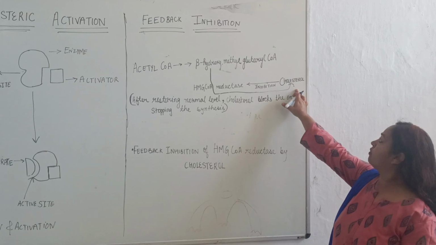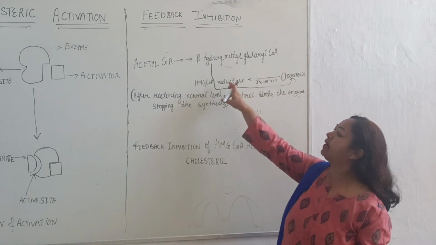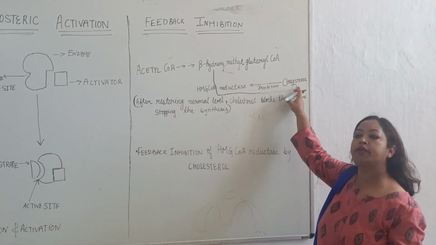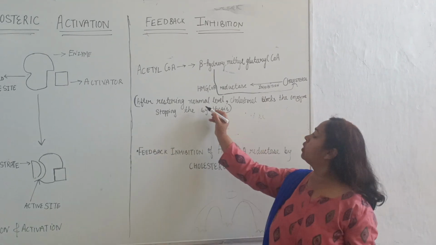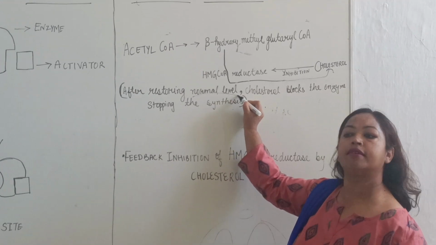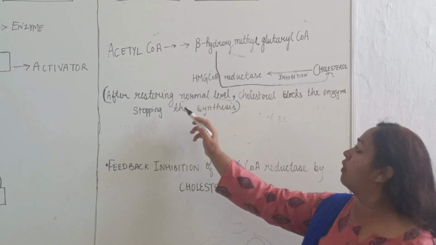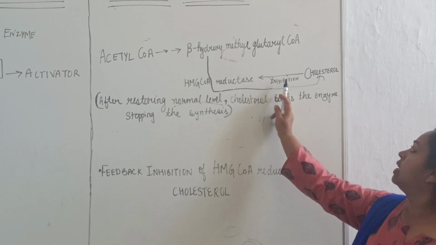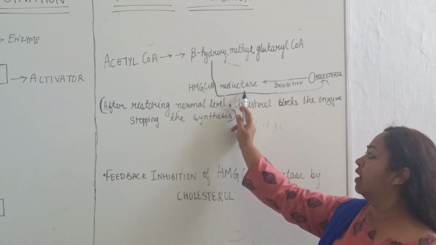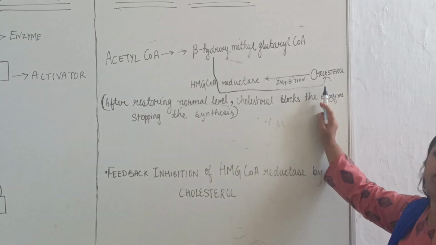So in that way, cholesterol will inhibit this enzyme so that excess cholesterol will not be synthesized and only normal values will be synthesized. After restoring the normal level, the cholesterol blocks this enzyme reductase, stopping the synthesis of cholesterol.